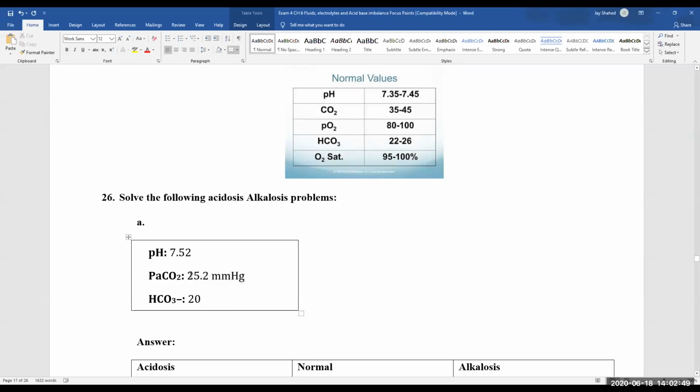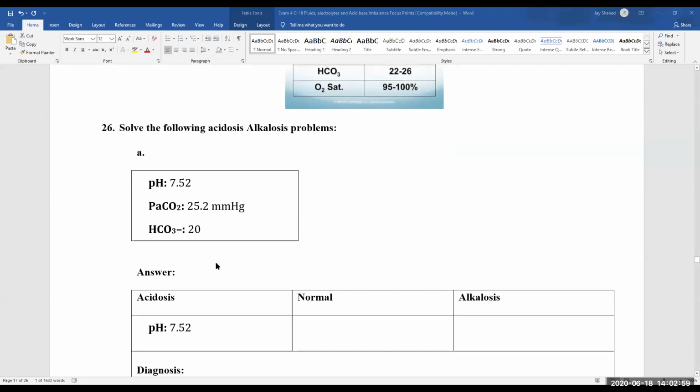So let me just take the points here. This one goes where? Is that acidic or basic? We said basic. So it goes in here. So you put the PaCO2 here.